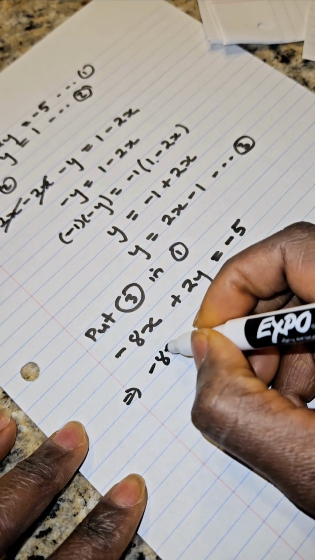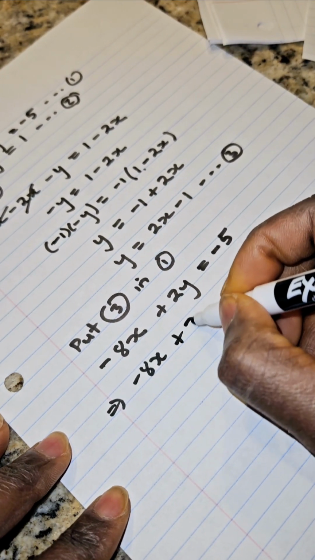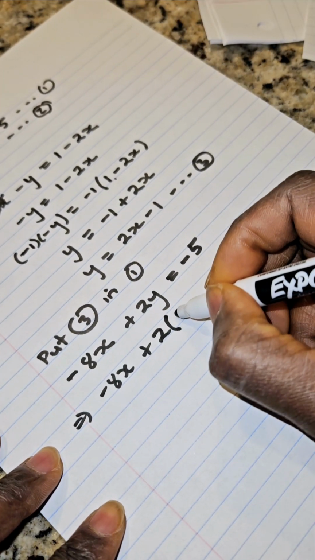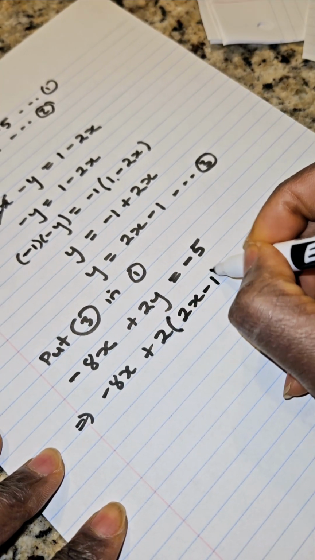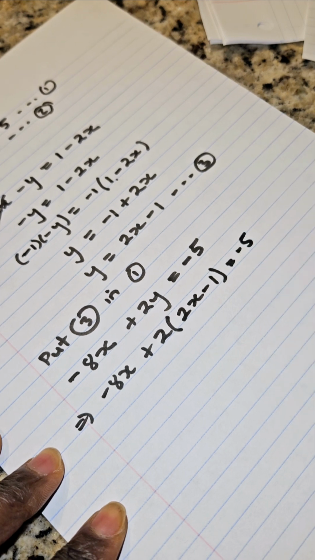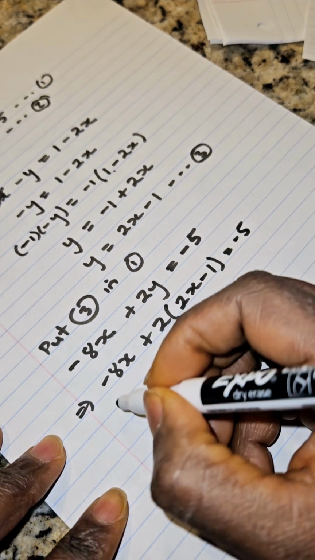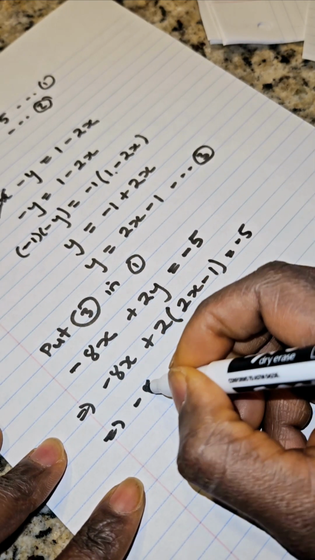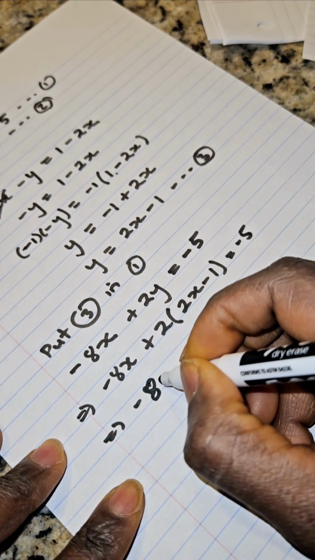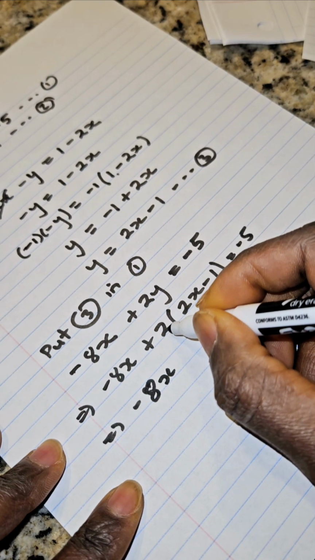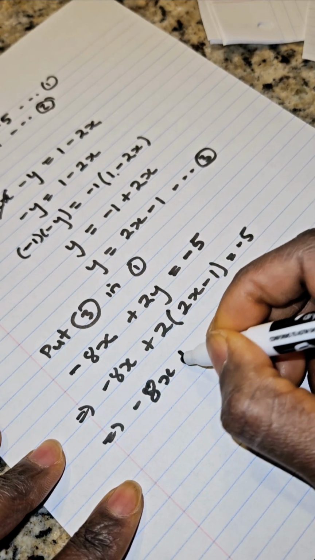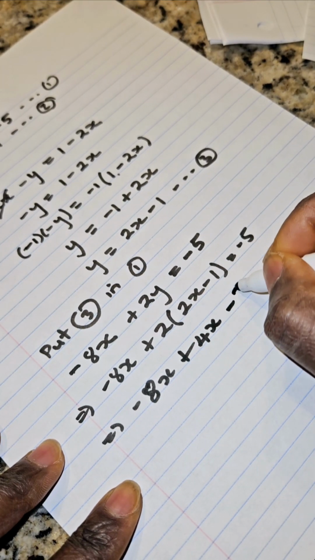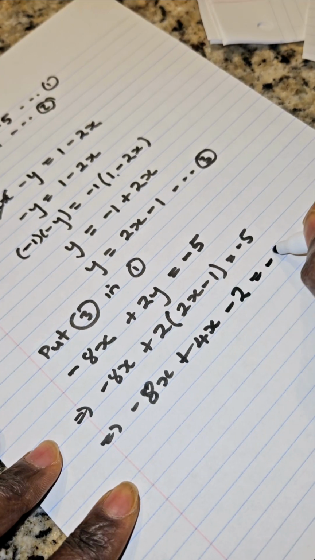This implies negative 8x plus 2 times, what is y? 2x minus 1, equals minus 5. This implies negative 8x plus 2 times 2x is plus 4x, and 2 times minus 1 is minus 2, equals minus 5.